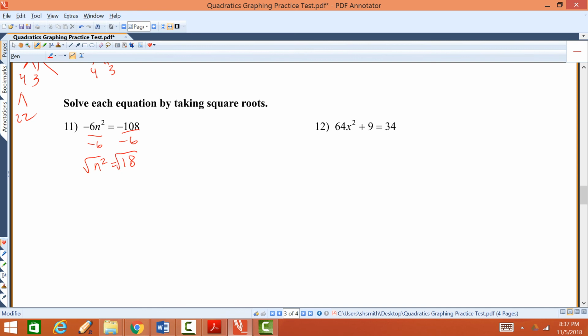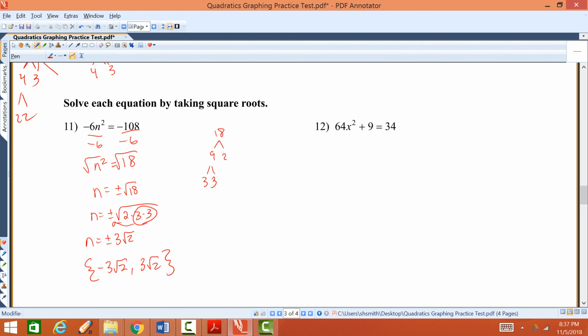And now when you take the square root, you should get n equals plus or minus square root of 18. Don't forget to simplify 18 though. So you have 9, 2, 3, 3. So n equals plus or minus the square root of 2 times 3 times 3. Take it out. So n equals plus or minus 3 square root of 2. So you end up getting -3 square root 2, positive. You don't need to write the plus sign.